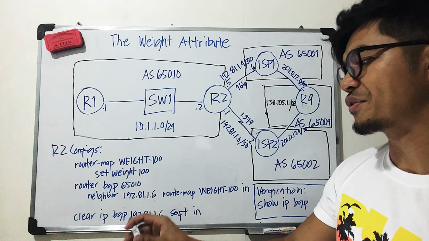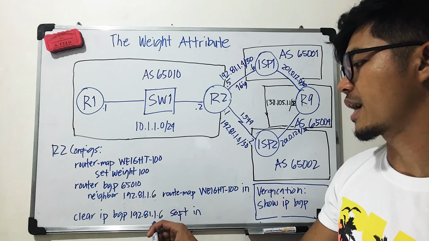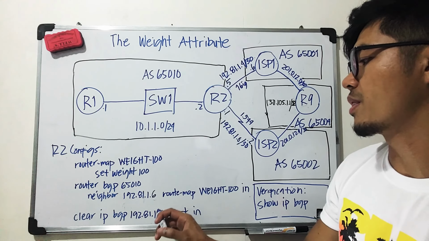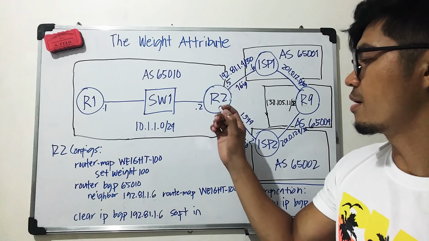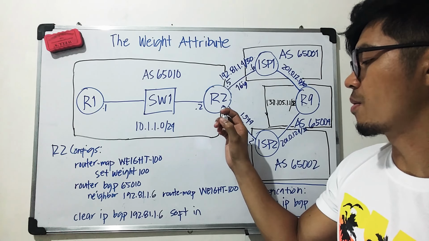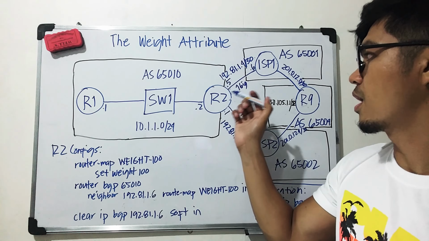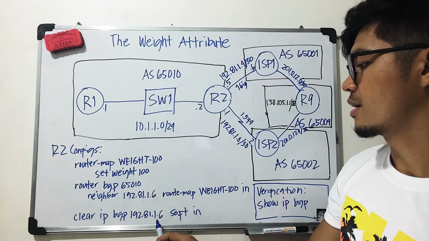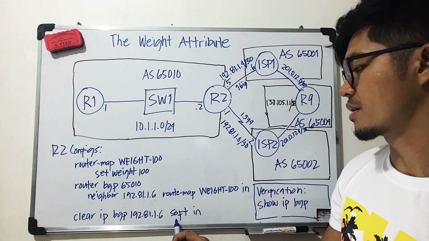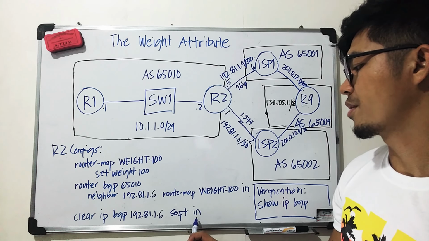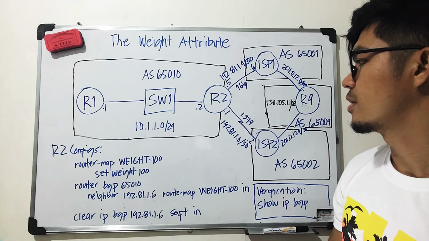If you do this, R2 is not gonna tear down the BGP session with its neighbor, because we are using this keyword here, soft, and of course the direction, which is inbound.